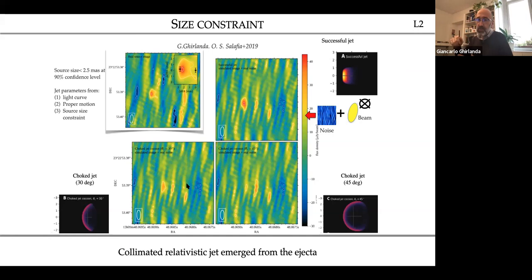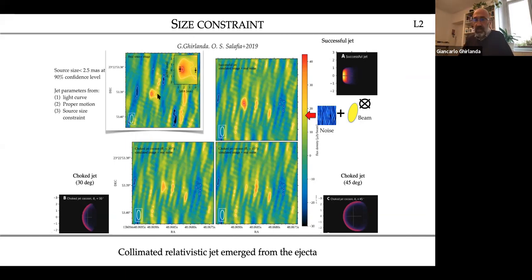When it becomes resolved, given that it is very dim, it would be undetected. So you see in these two images that it's not only the shape of the source, but the fact that the source is almost not detected because its emission is distributed over a wide region, and it would not even have been detected, nor as compact as it is in the real case.